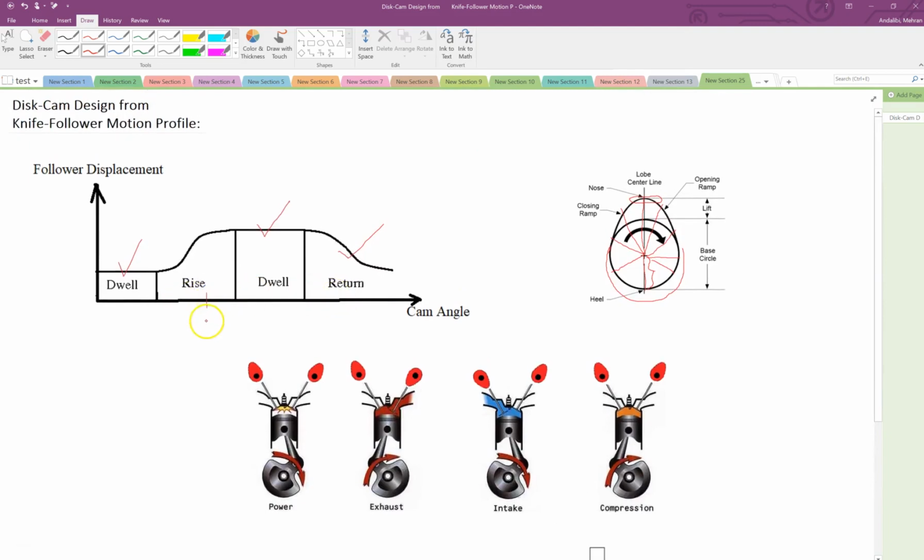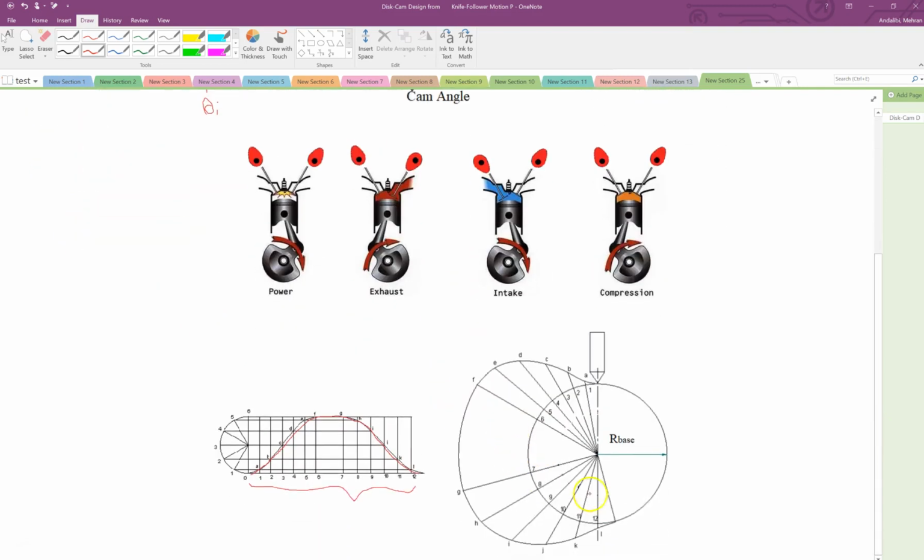So at this angle, if you call it theta n or theta m or theta i, whatever you want to call it, you find how much displacement you need. Let's call it ri, the radial distance, and that ri is going to be these distances that you see are radially separating.